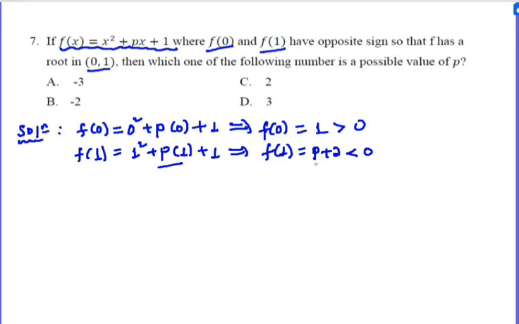So if p plus 2 is less than 0, the value of p must be less than negative 2. So any value less than negative 2 will satisfy this condition. From the given alternatives, the value of p which is less than minus 2 is negative 3. So our answer is A.